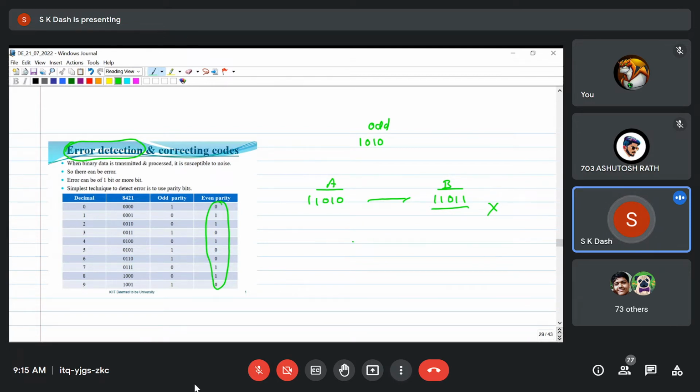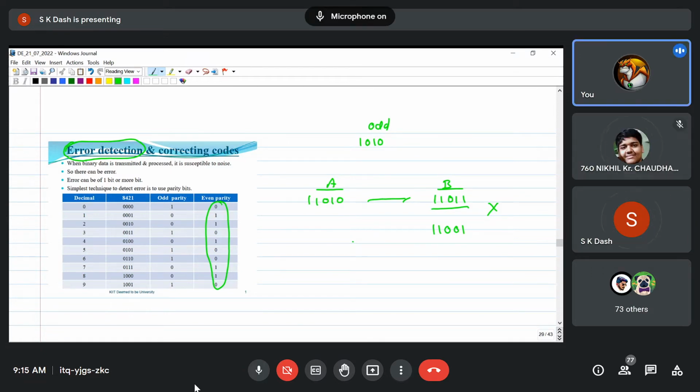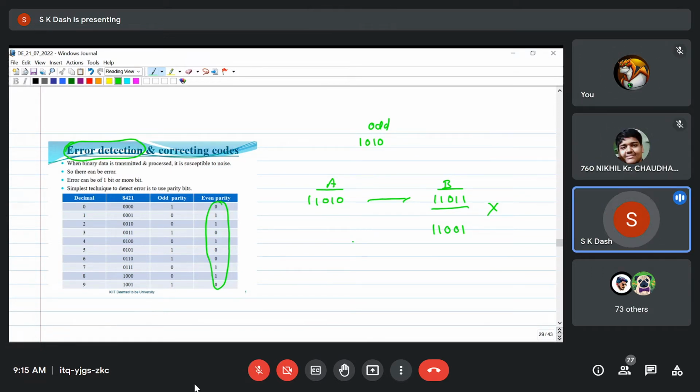Let's take another example. Now suppose in place B he receives 11001. How many ones are there? Three. So it is satisfying our odd parity system.